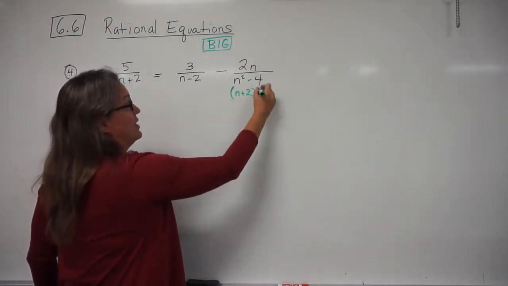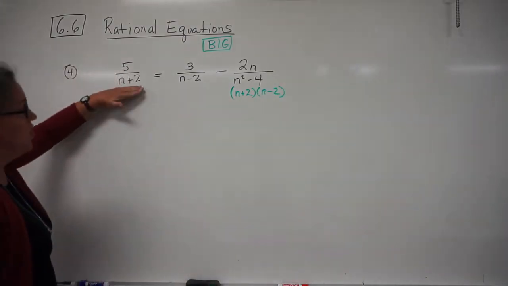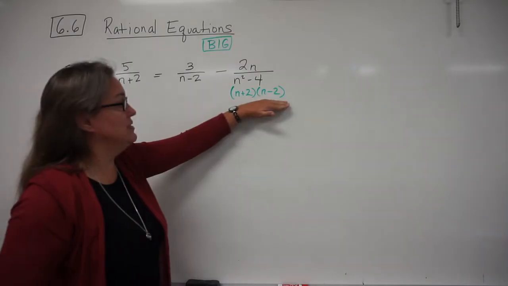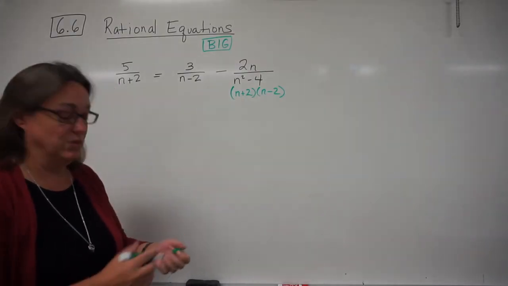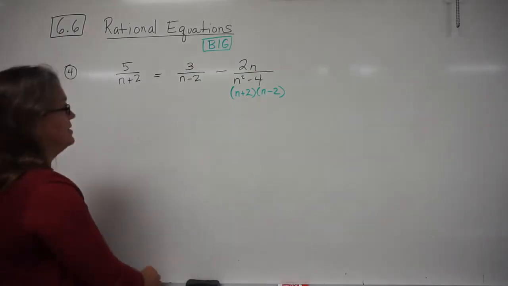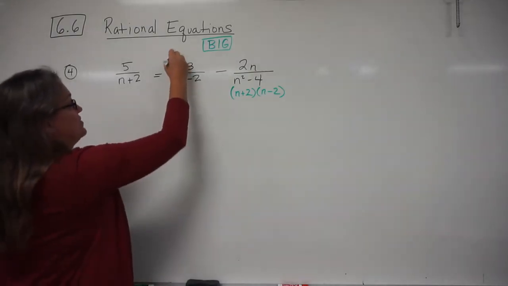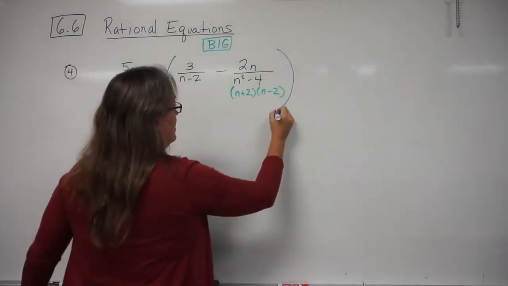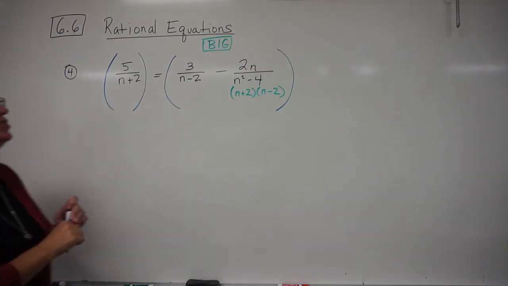And we can break down this difference of squares. And as I look at all the denominators, I see that I've got factors of n plus 2 and n minus 2. Those are all my factors for my denominators. So I'm going to multiply both sides of this equation by n plus 2 times n minus 2.